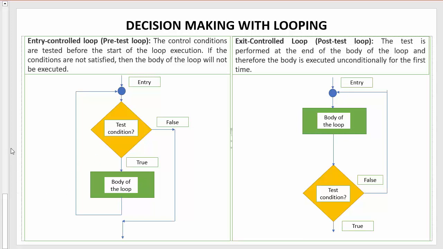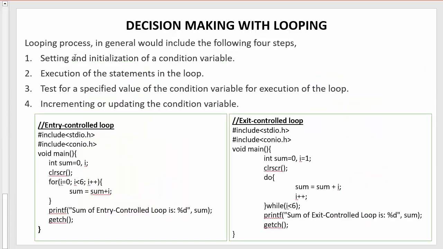Now we will move ahead to discuss examples of entry control loop and exit controlled loop. The decision process in general includes the following four steps, and here we will talk about the structure of loops. The first one is setting and initialization of a condition variable. With the help of this example I will try to make you understand. Here the condition variable is i.